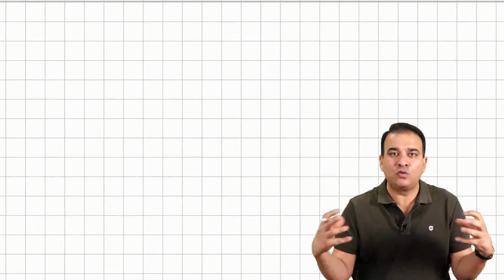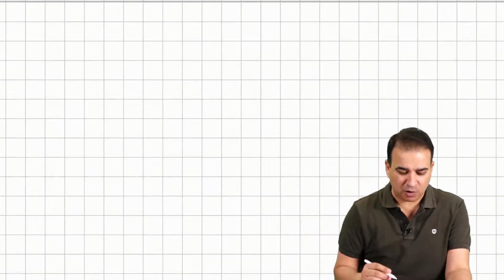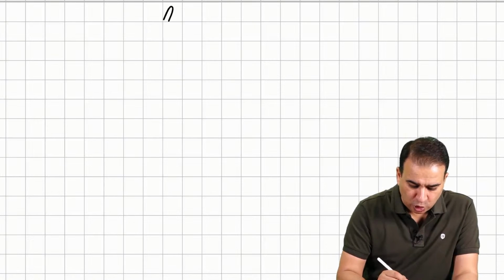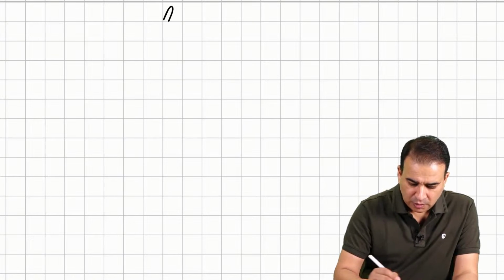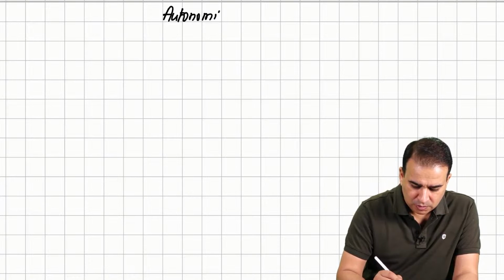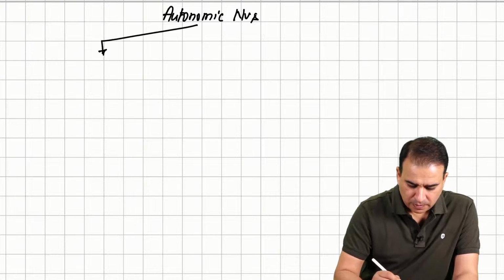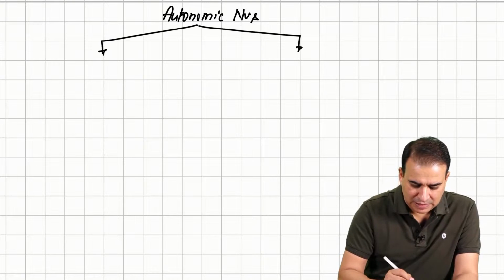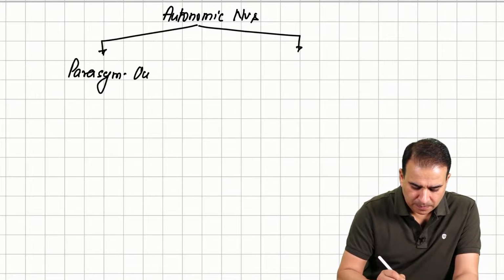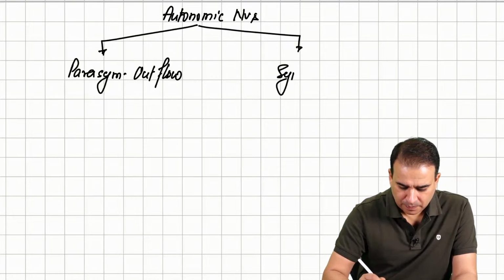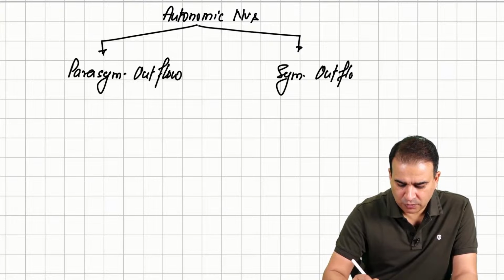We have the parasympathetic outflow and the sympathetic outflow.